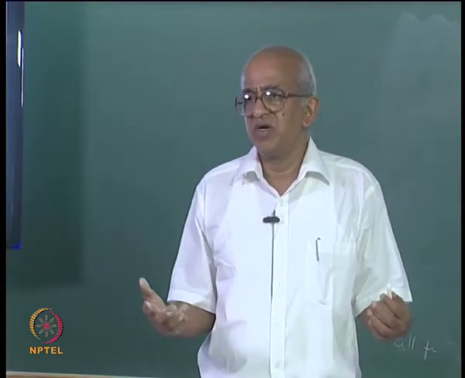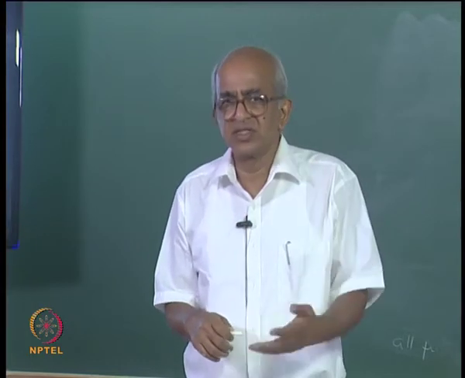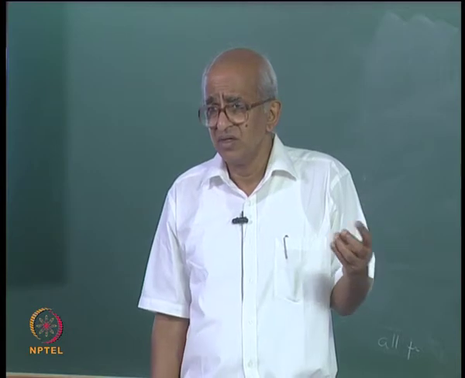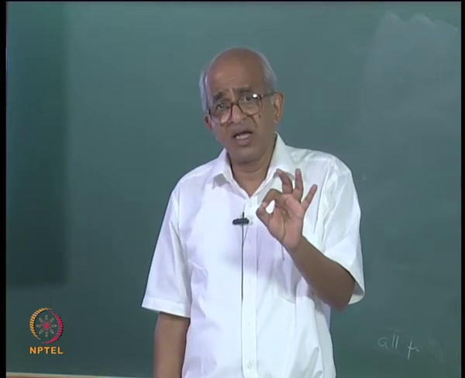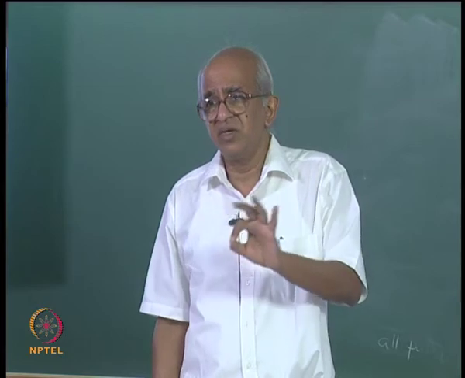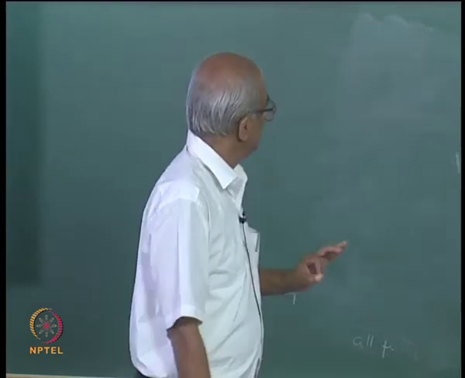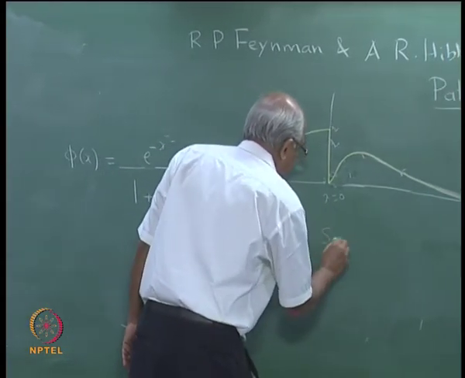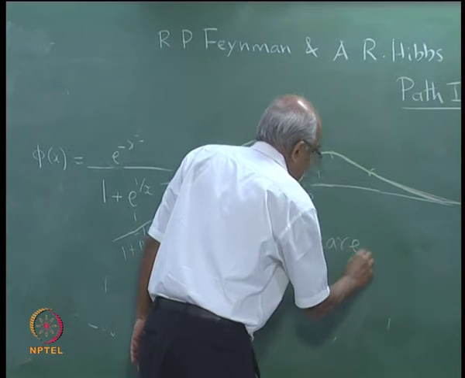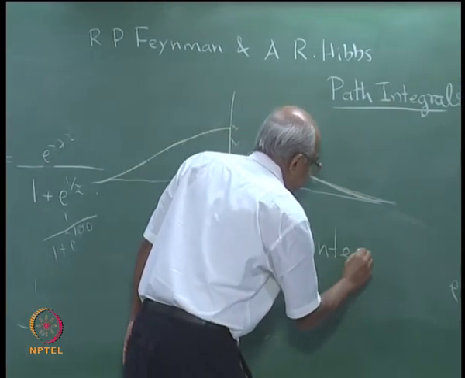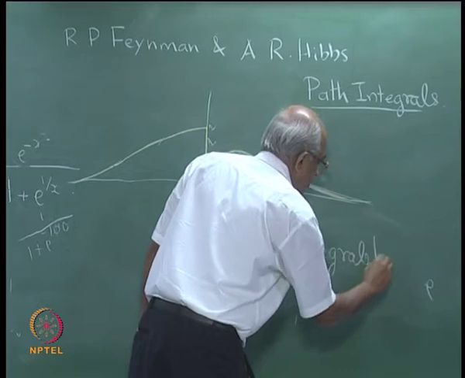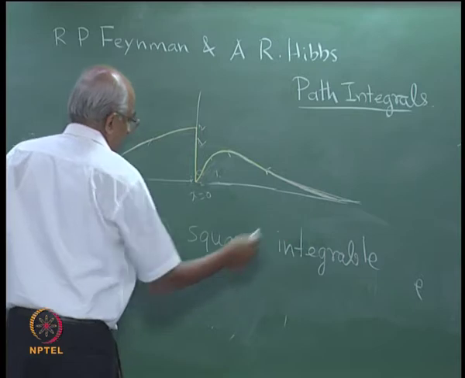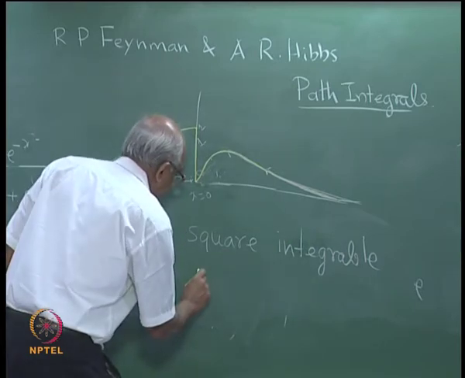And therefore, what will we do? We will say that our wave function has to be varying smoothly and continuously, it cannot be a discontinuous function. So, the wave function has to satisfy two conditions actually. One, it has to be square integrable, and the second is that it has to be a continuous function.